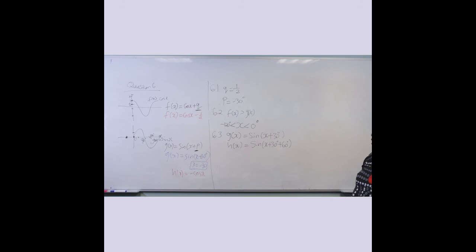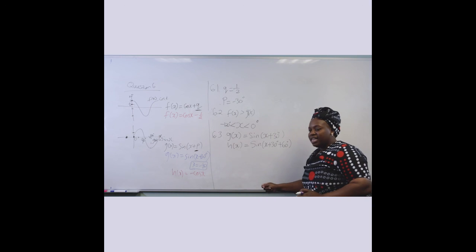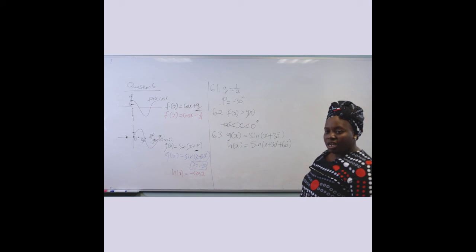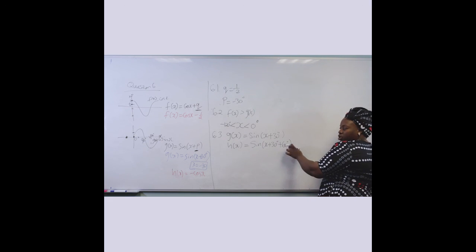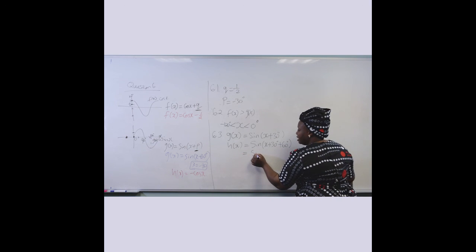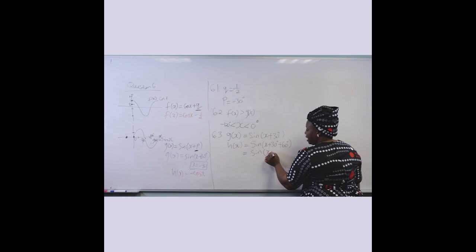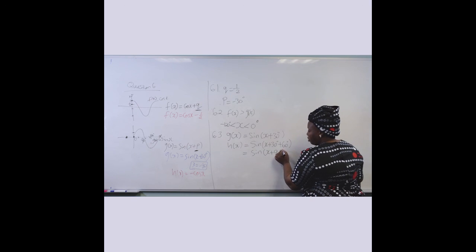So my graph has moved another 60 units to the left. From the 30 to the 60, it became 90. So this is going to be sine of x plus 90 degrees.